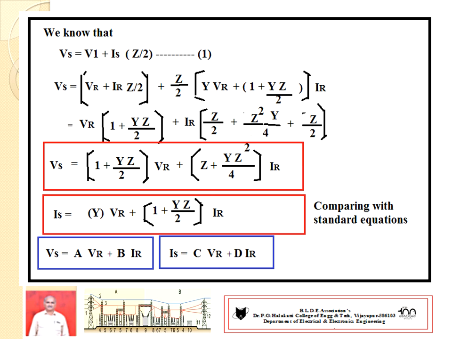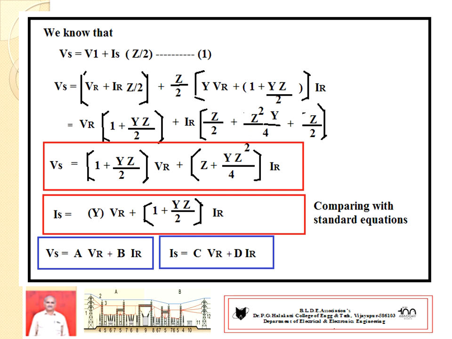Then B equal to Z plus Yz square by 4. Then similarly take the current expression Is equal to C times Vr plus D times Ir. Comparing, C equal to Y, then D equal to 1 plus Yz by 2. Hence, in this manner we have to develop the general expressions of ABCD parameters of a medium transmission line.